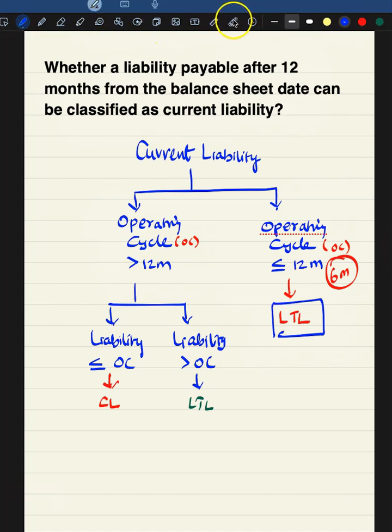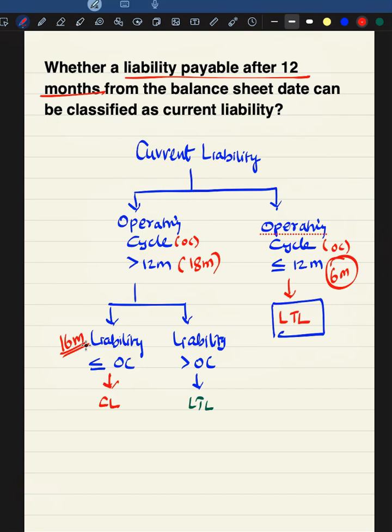Now let us come back to the other scenario where the operating cycle is greater than 12 months. In that case, we have to see whether the liability payable after 12 months is within the operating cycle period or is it beyond the operating cycle period. Let's say the operating cycle period is 18 months, and the liability payable after 12 months is payable in 16 months.